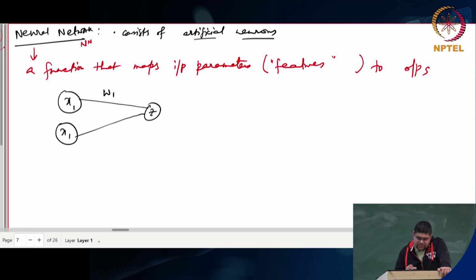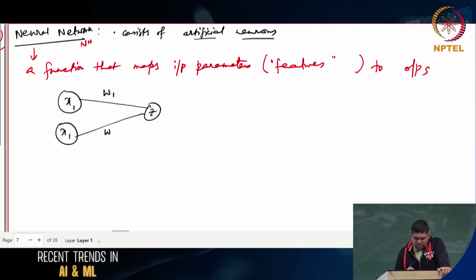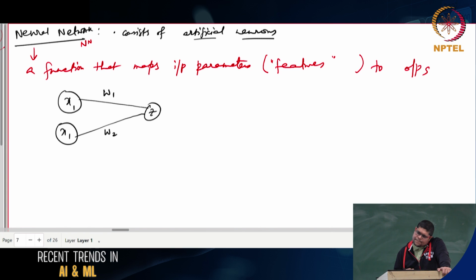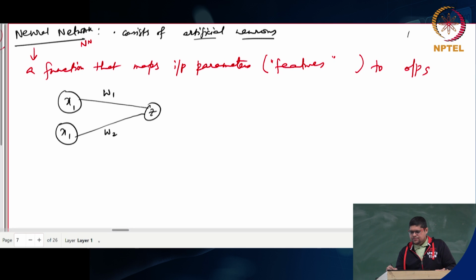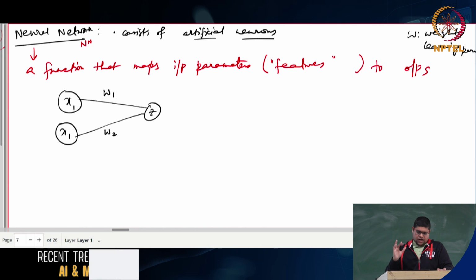Here, what I denoted earlier as thetas in logistic regression, now I will denote using W. They have the same meaning. So what will W's be here? W will be weights or learning parameters, the ones that we will learn.